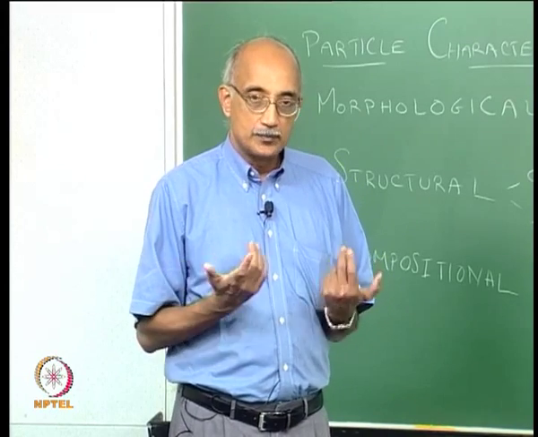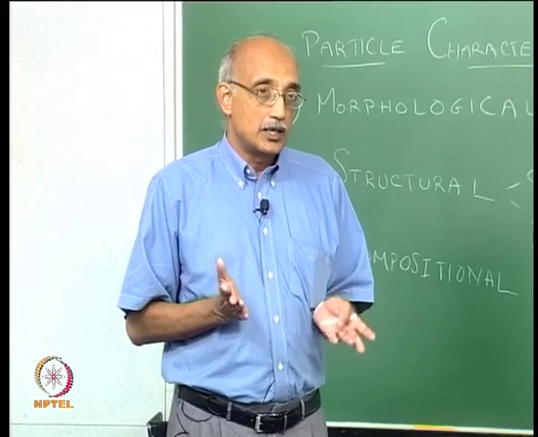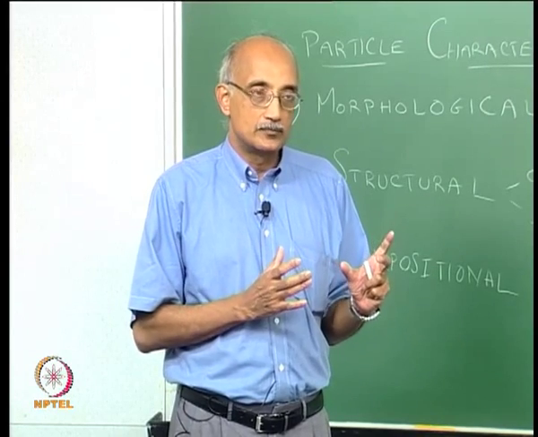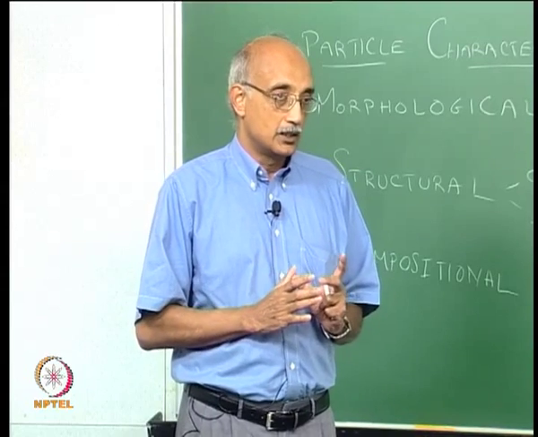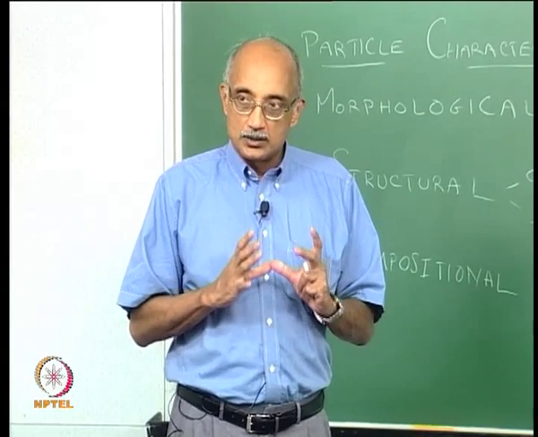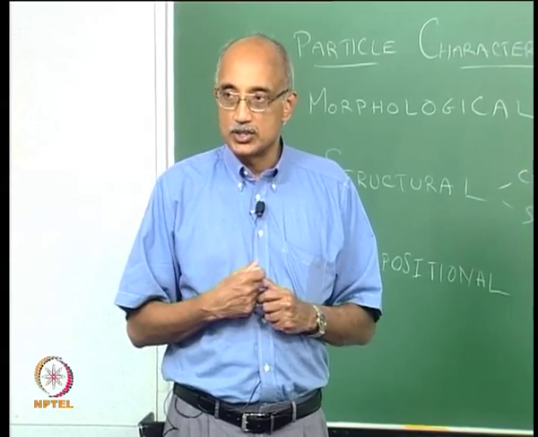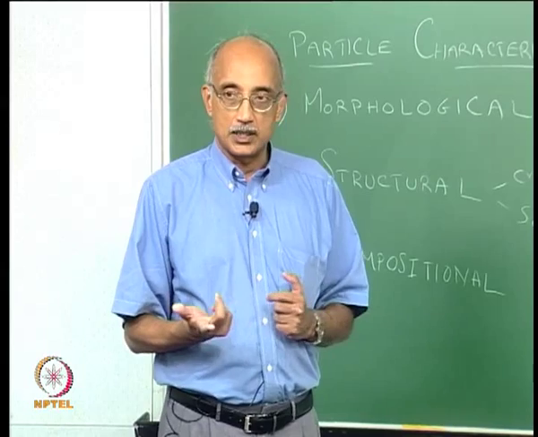So, if you are using a simple SEM EDX type of tool, all that it will tell you is this particle has aluminum and this particle has oxygen, but it will not tell you anything about the actual species composition or compound information about the particle. For that you need additional analysis techniques.